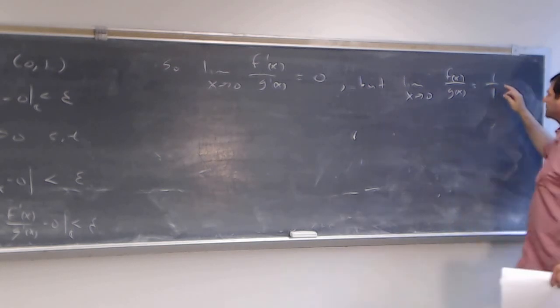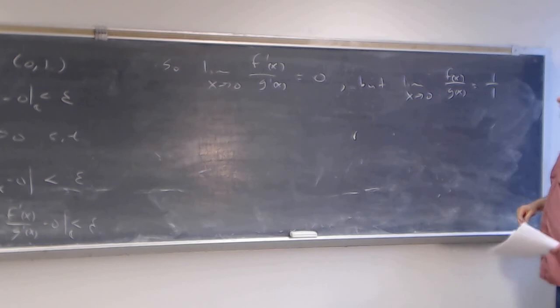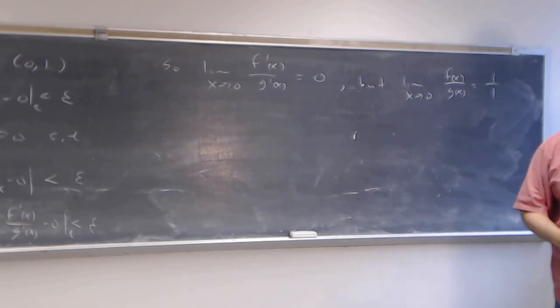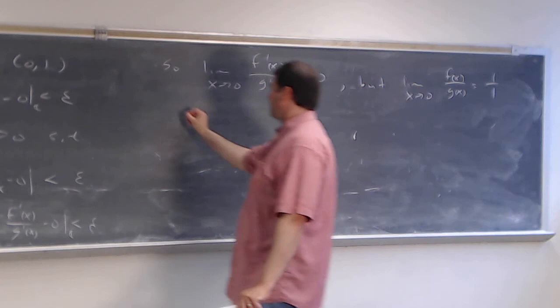It was equal to 1 over 1 plus x times e to the i over x squared, the limit of that. But the x times e to the i over x squared, we showed that that goes to 0, and so here we just get 1 over 1. So this is an example where L'Hopital's rule does not apply. Let me write that down.